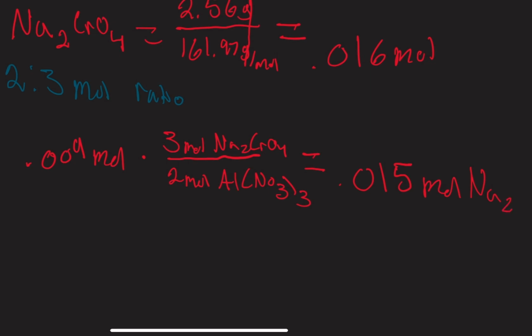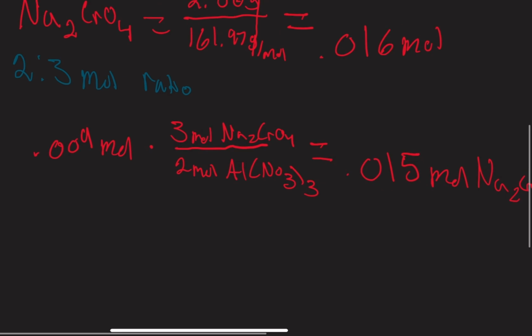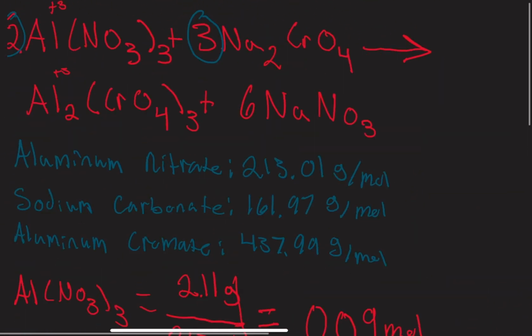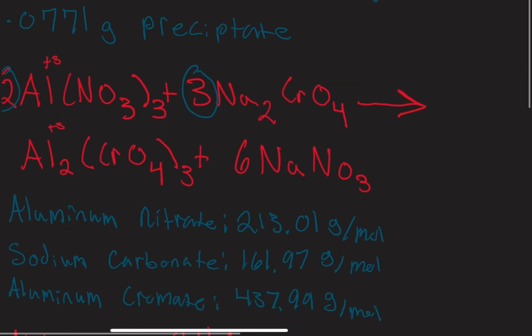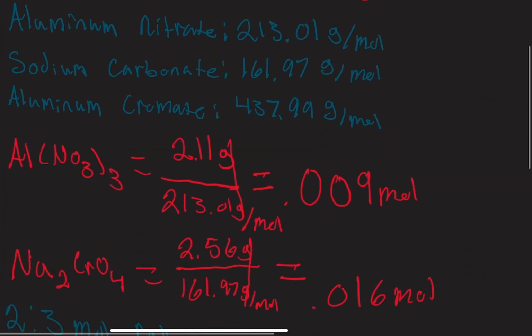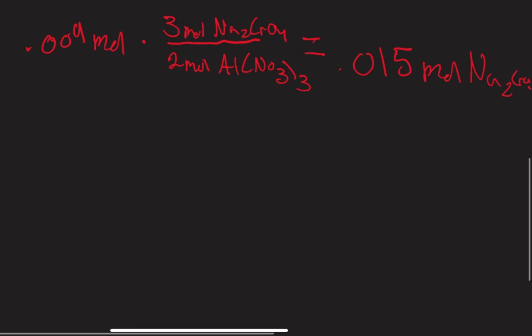And then we're going to do this again with our aluminum nitrate. This time our mole ratio is going to be 1 to 2. So we can go ahead and write our new mole ratio, which is 1 to 2.